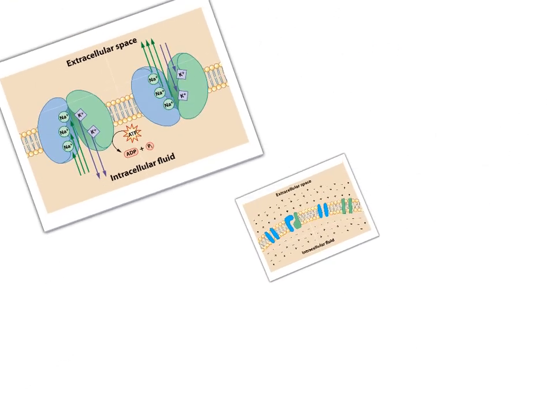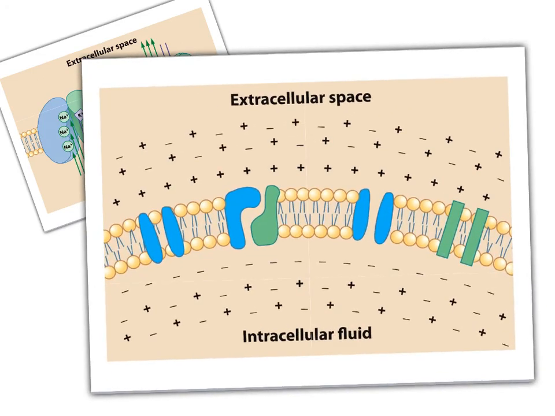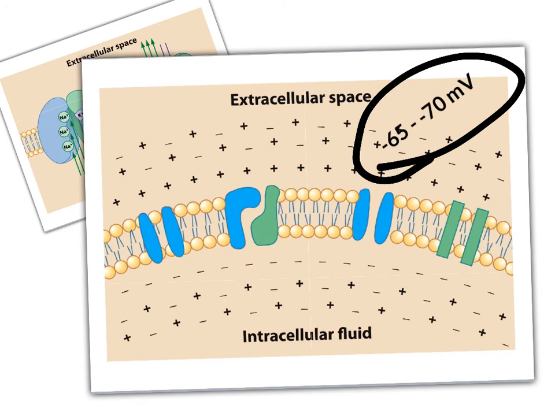So what we see then is a buildup of positive charge on the outside of the cell and less positive charge on the inside of the cell, again making the cell negative 65 to negative 70 millivolts from the inside relative to the outside.